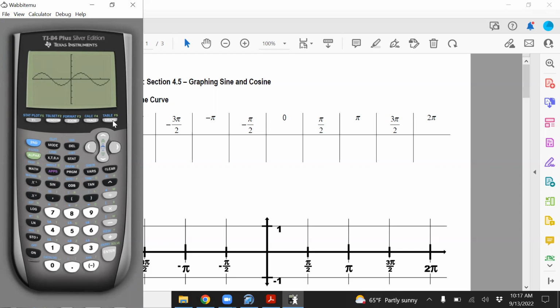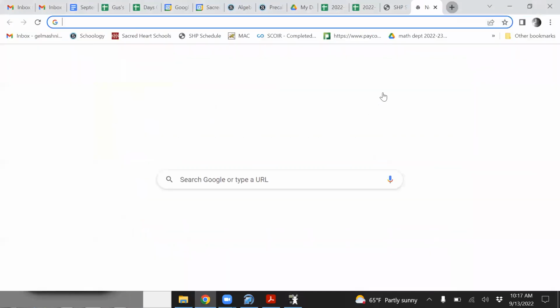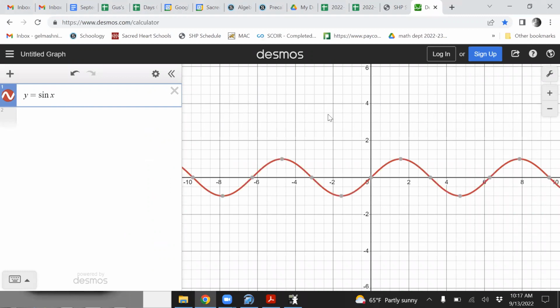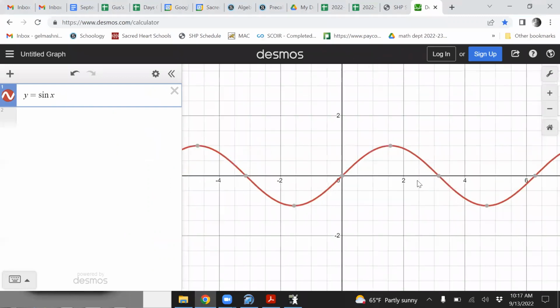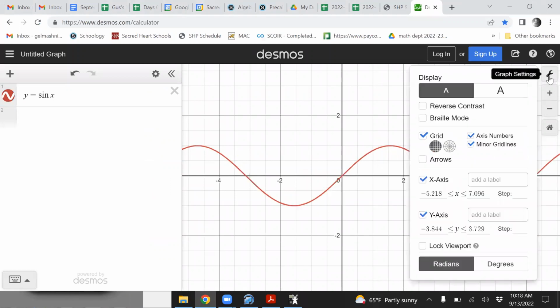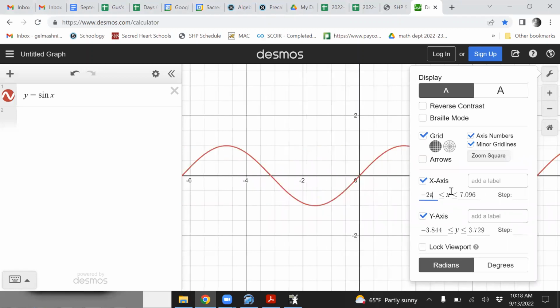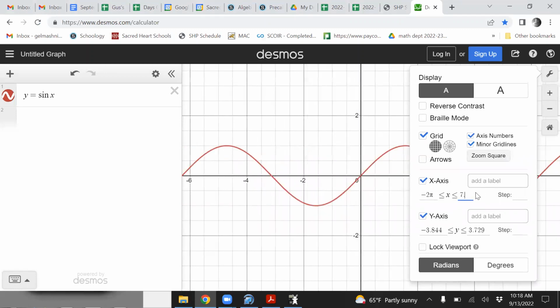Of course, Desmos is even better. If you go to Desmos and type y equals sine x, see? The only crappy thing is that the default uses integers for the scale, but there's a toolbar. It's really neat. You can tell it, I want to go from negative 2 pi, just type in pi, to 2 pi.